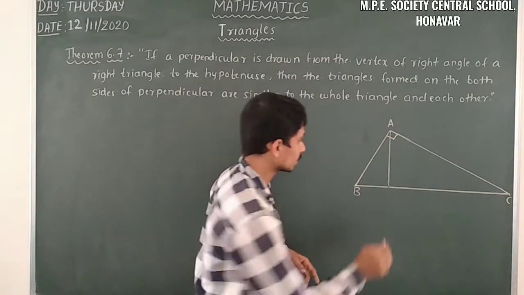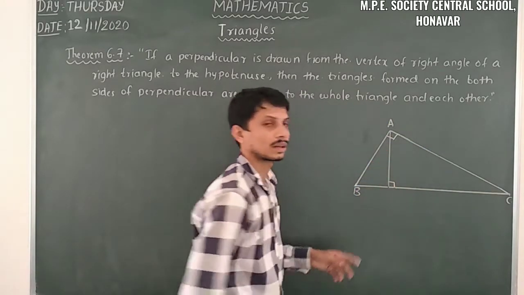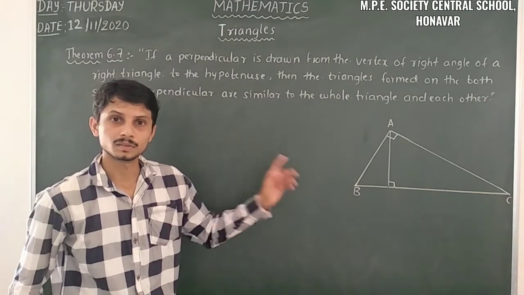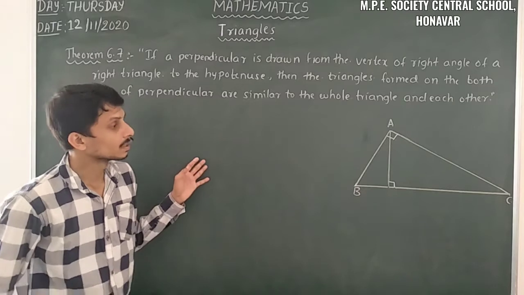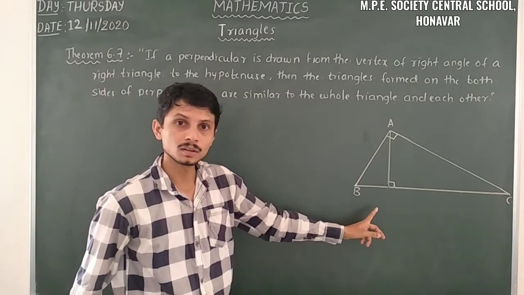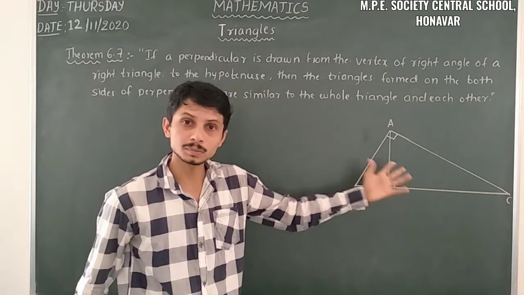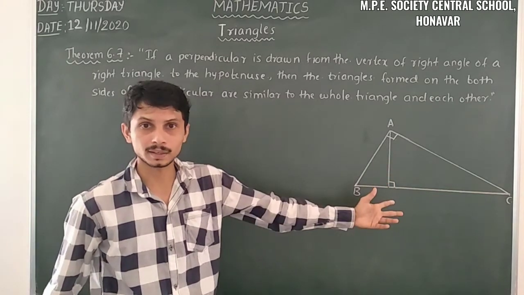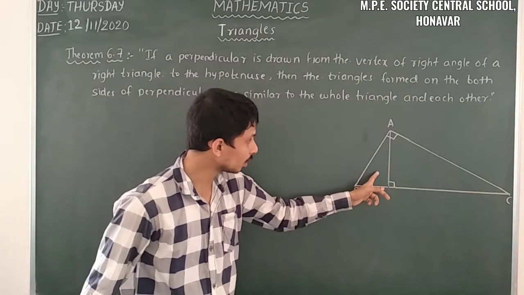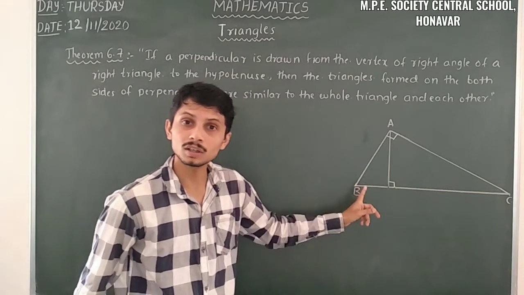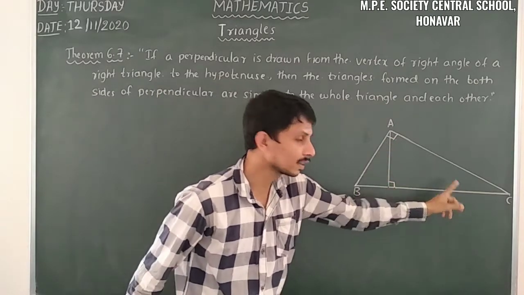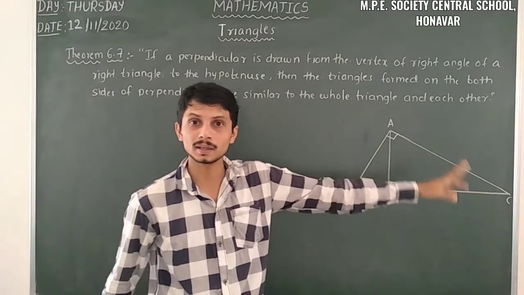Here is a right angle triangle, and here it is also a right angle. Just observe, from the perpendicular the whole triangle splits into two separate triangles. We have to prove that this small triangle is similar to the whole triangle ABC, and this small triangle is also similar to the whole triangle ABC.